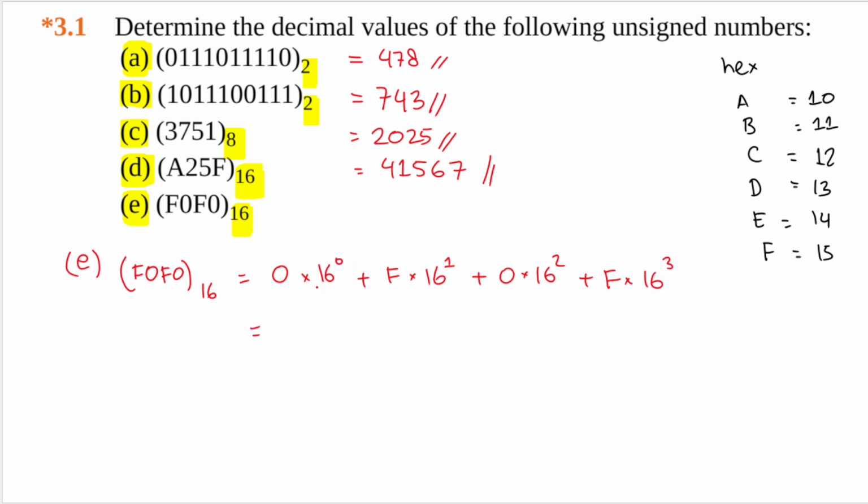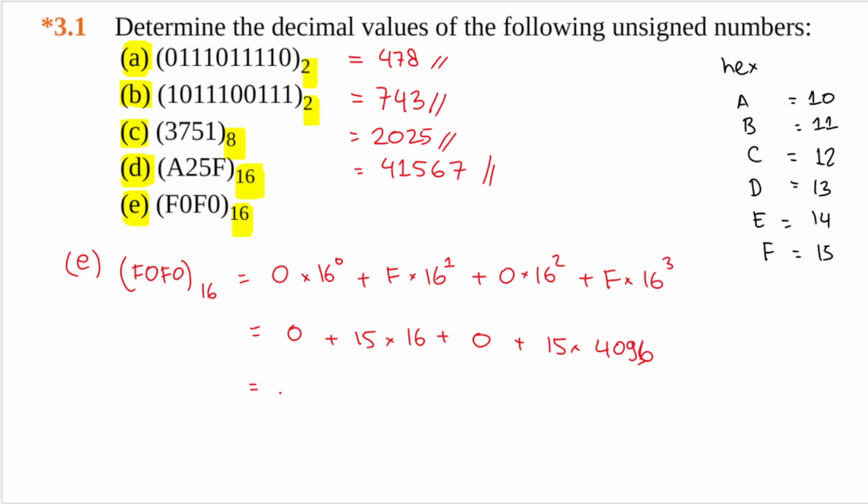Good. 0 multiplied by anything is just 0, and then F is 15 multiplied by 16 here, and then this one will be 0, and we will have 15 multiplied by 4096.